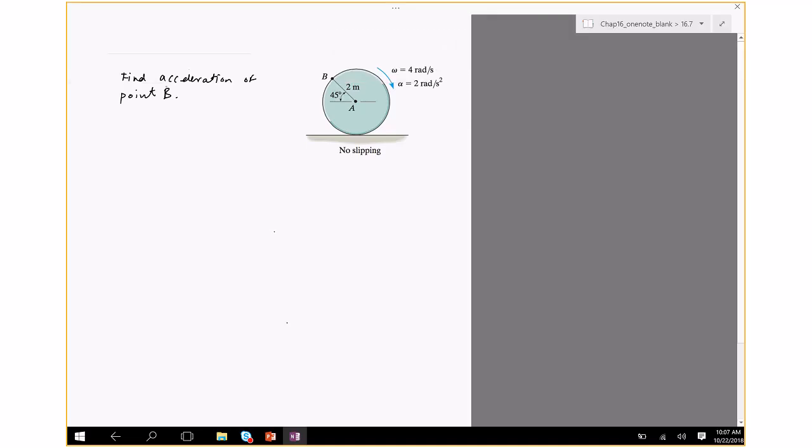Find the acceleration of point B, this point. You're given the angular speed, 4 radians per second, and the angular acceleration, which is 2 radians per second squared.